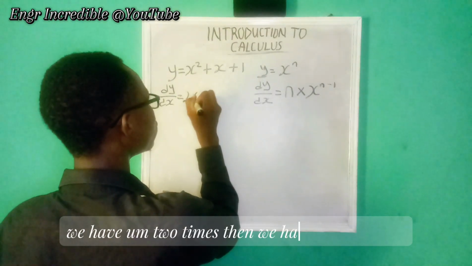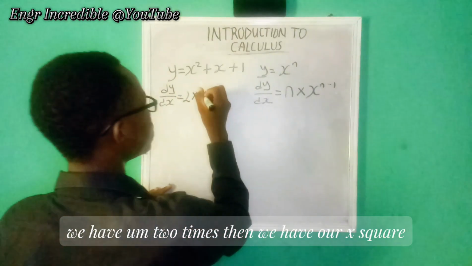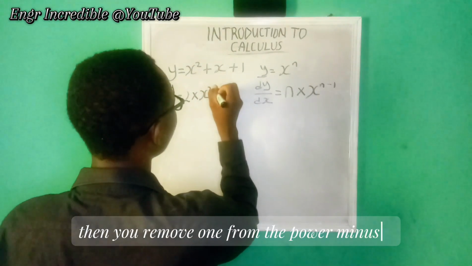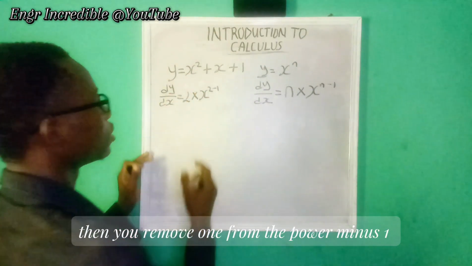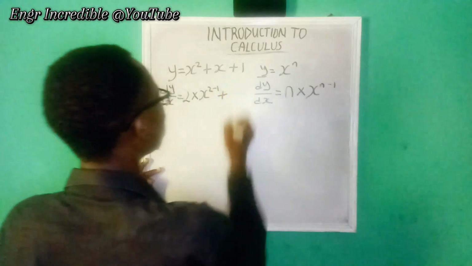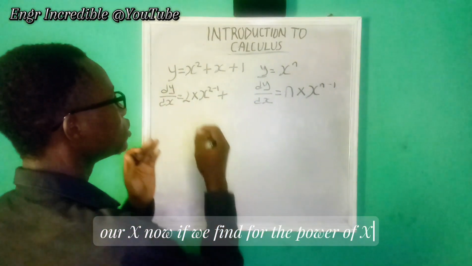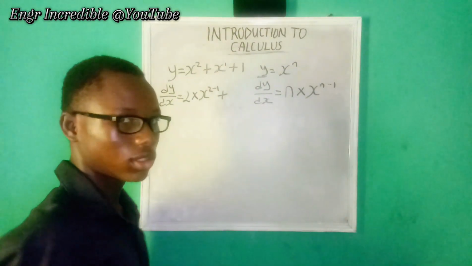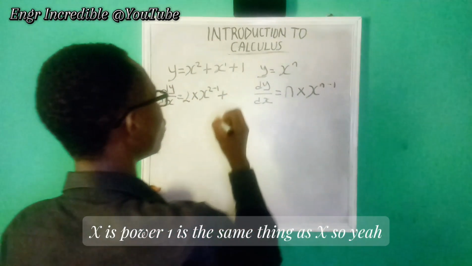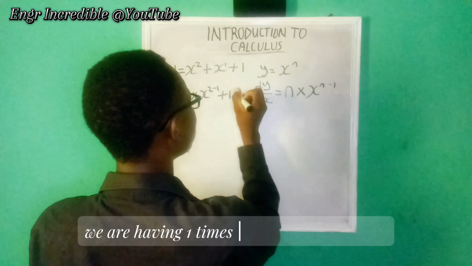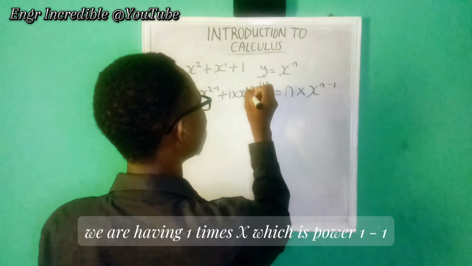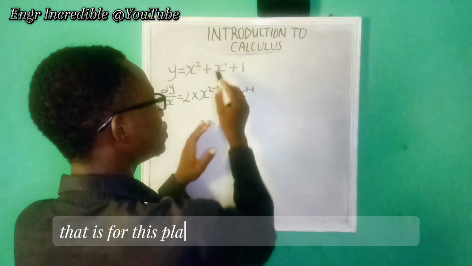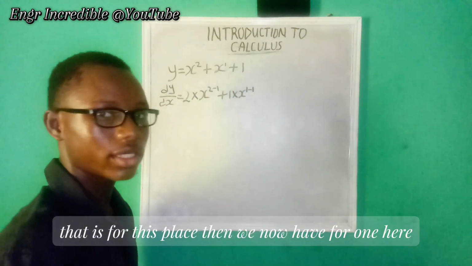We have 2 times x squared, then we remove 1 from the power, minus 1, plus our x. Now if we find the power of x, x is raised power 1. X raised power 1 is the same thing as x. So here we are having 1 times x raised power 1 minus 1. So if we simplify this, we now have 1 here.